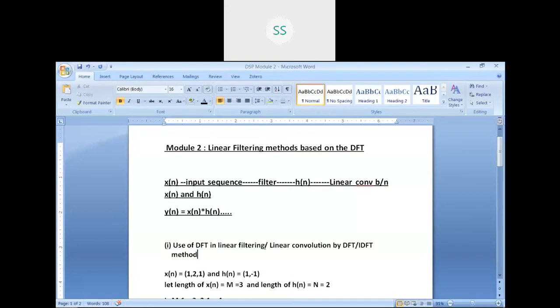This is done by the DFT IDFT method. By performing linear convolution using the DFT IDFT method, we are doing the linear filtering operation, or in other words, doing linear convolution in the DFT IDFT domain.